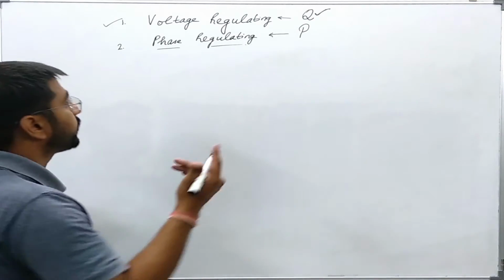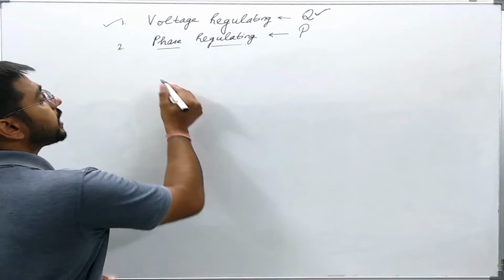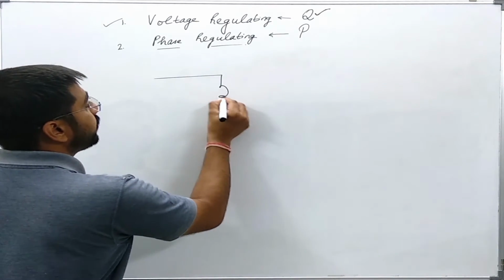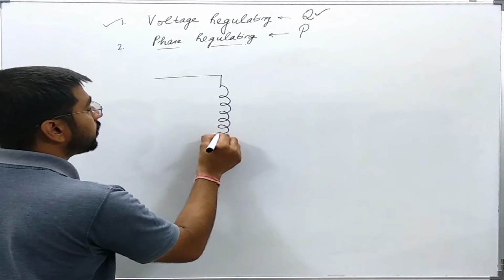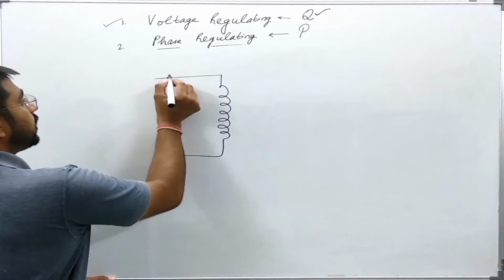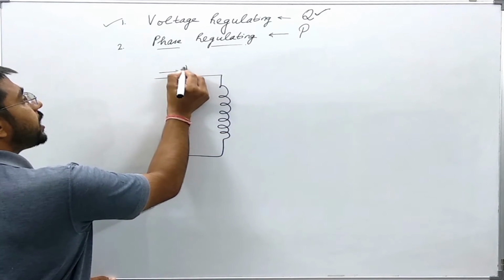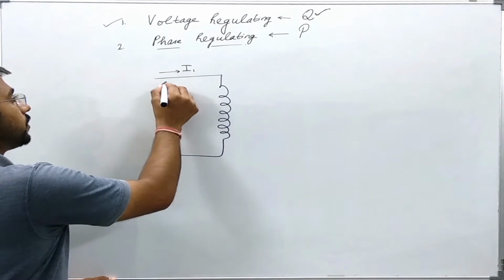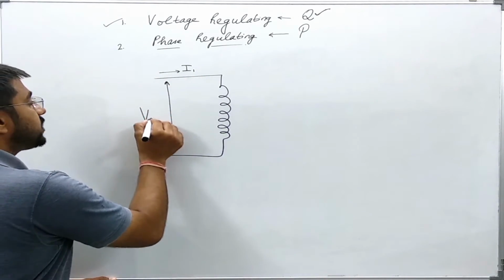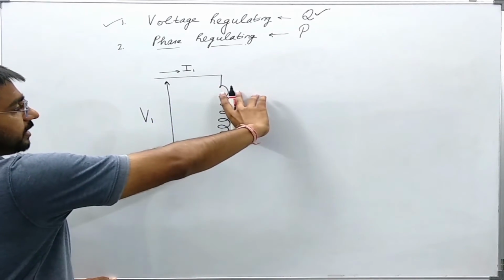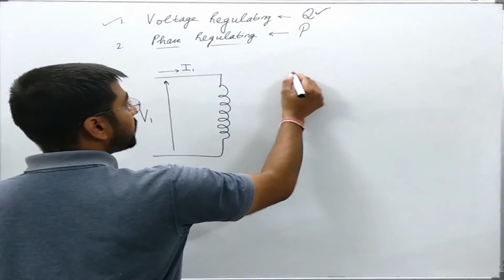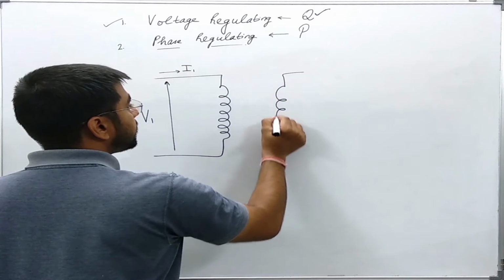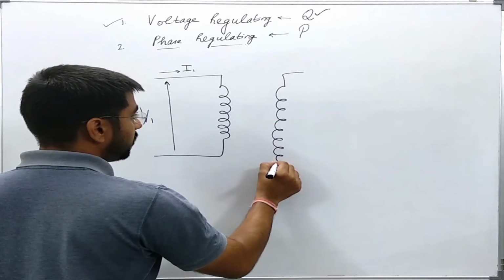Now, let us take a transformer which is ideal. Let us say this is current I1 entering the primary and this is voltage V1 across winding 1. Now let us say this is the second winding.